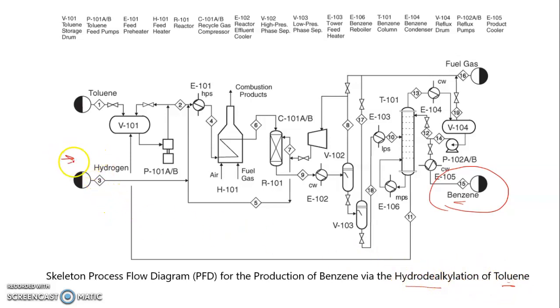So the raw materials, or inputs, are toluene and hydrogen. They will undergo the process and produce benzene. From here we can see the arrows, some from left to right and some from right to left. Okay, they give you different meanings.